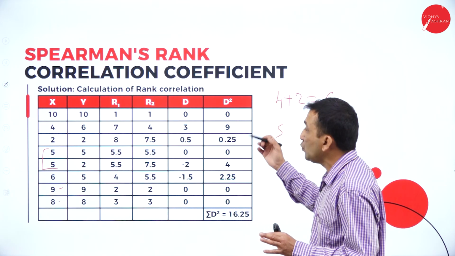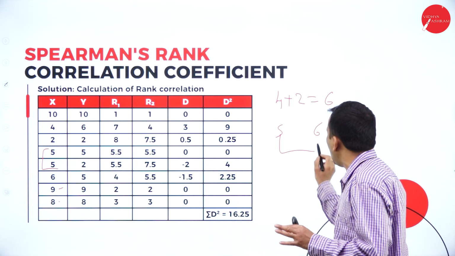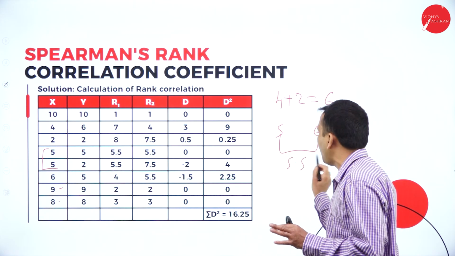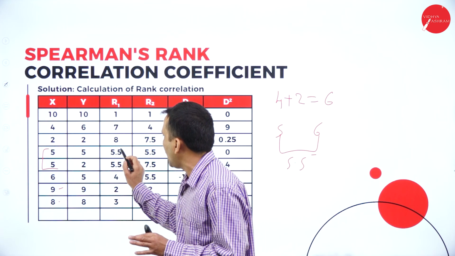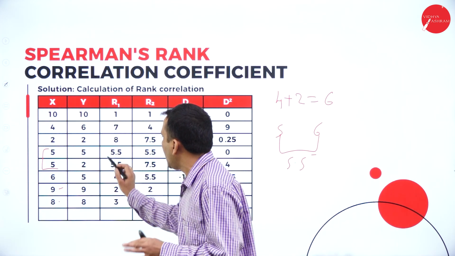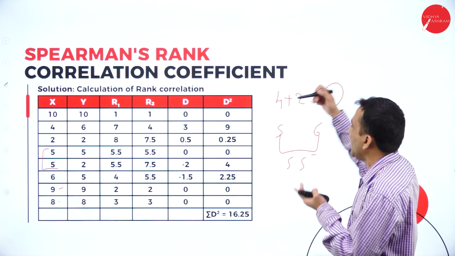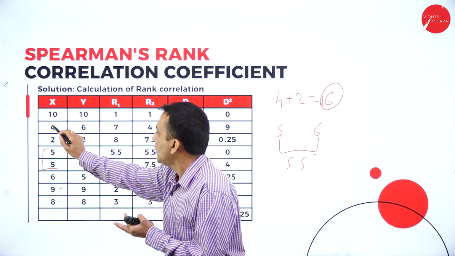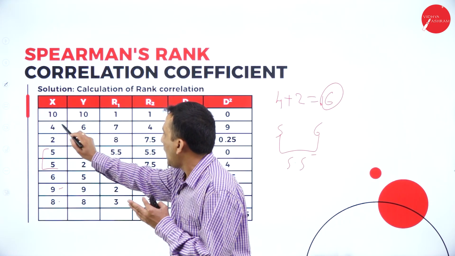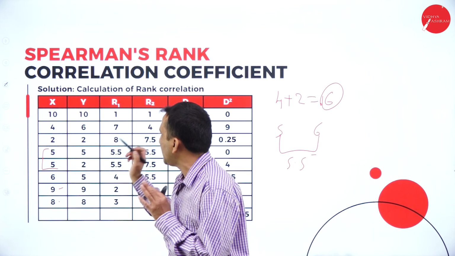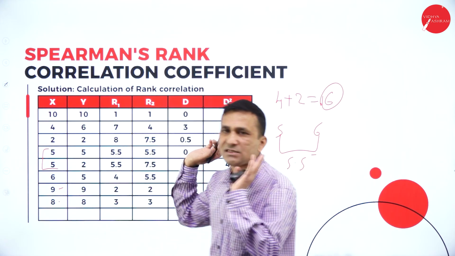Because 5 is repeated 2 times, we rank equally: 5.5 and 5.5. Both of them get 5.5. Now the 6th rank is also completed. The 7th rank goes to 4, and after 4 the next value 2 gets the 8th rank. There are 8 numbers, so the 8th rank is assigned.